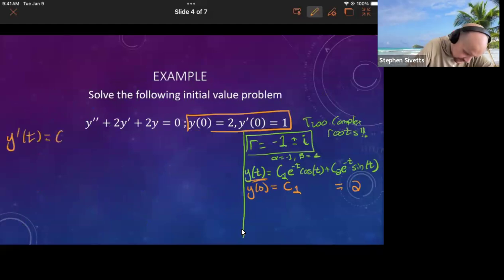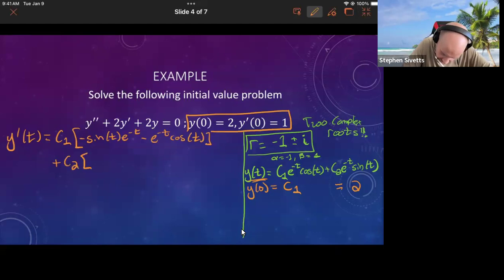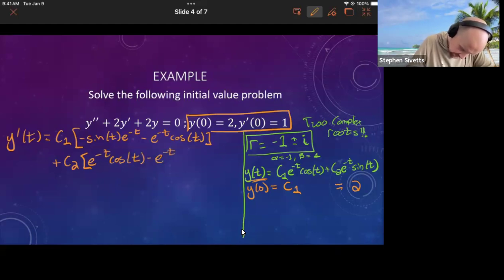We'll have C1 times, using the product rule, minus sine t times e to the minus t, and then minus e to the minus t times cosine t, plus C2 times another product rule: e to the minus t times cosine t, and then minus e to the minus t times sine t.